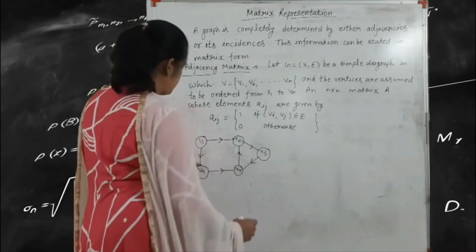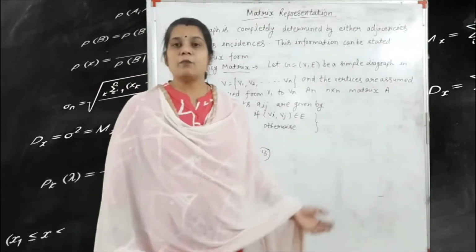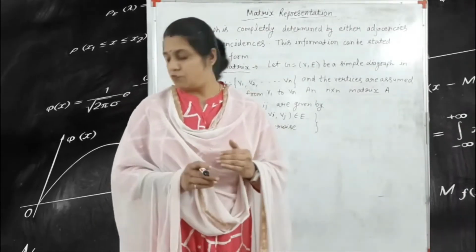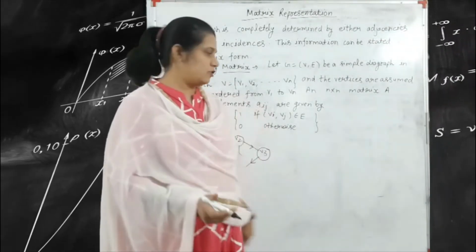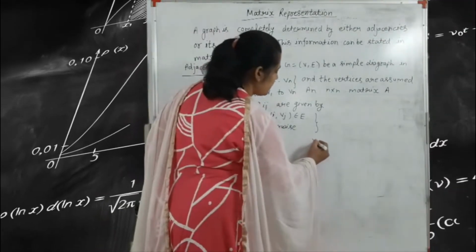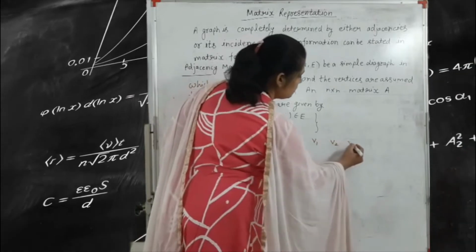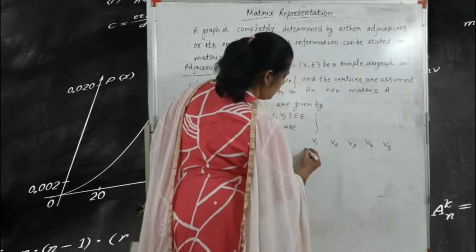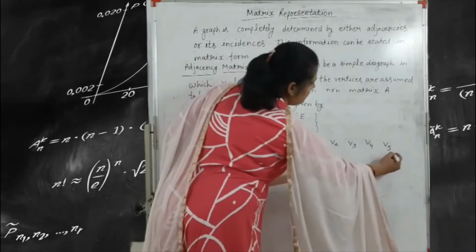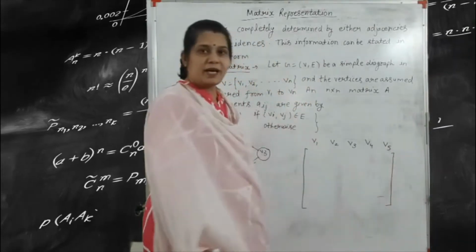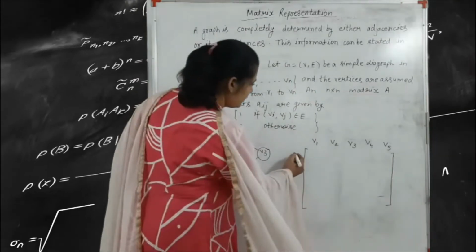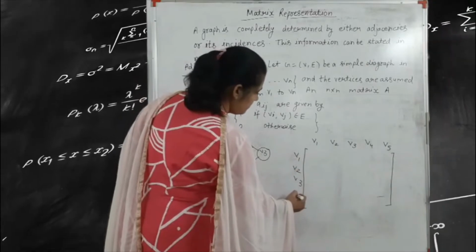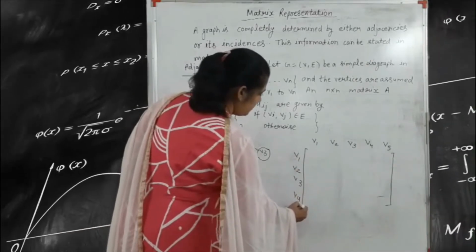With the help of this graph, we write the matrix representation. First we write V1, V2, V3, V4 and V5, then the sign of the matrix, and again V1, V2, V3, V4 and V5 on the other side.